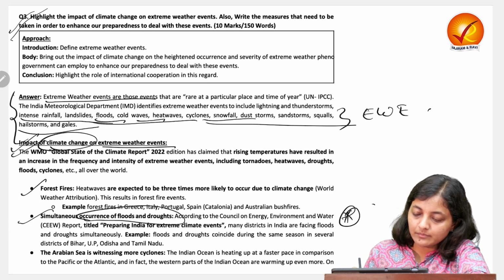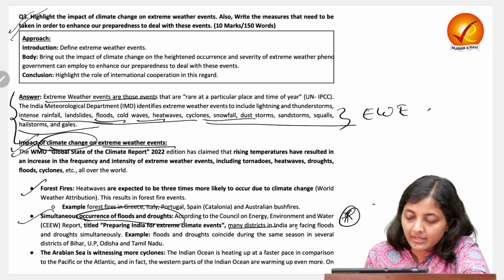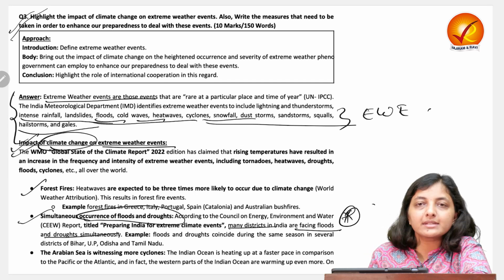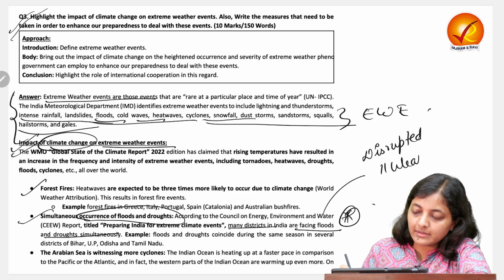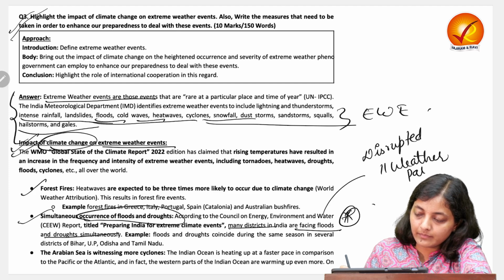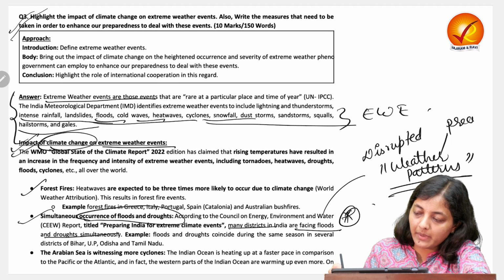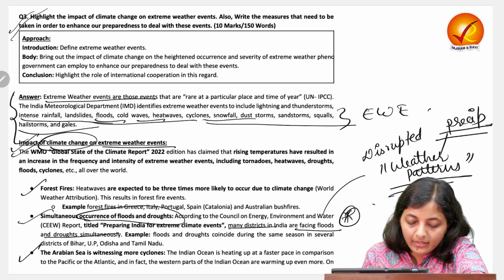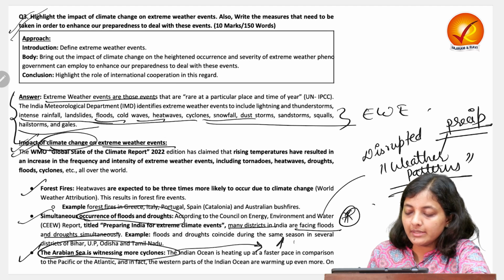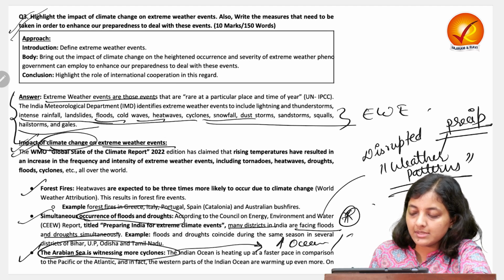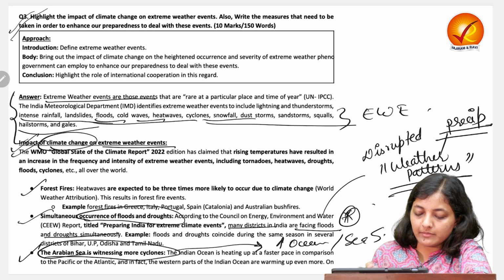Yes, there are some districts in India which are facing floods and droughts simultaneously due to disrupted weather or precipitation patterns. Then the Arabian Sea is witnessing more cyclones due to increased sea surface temperature.